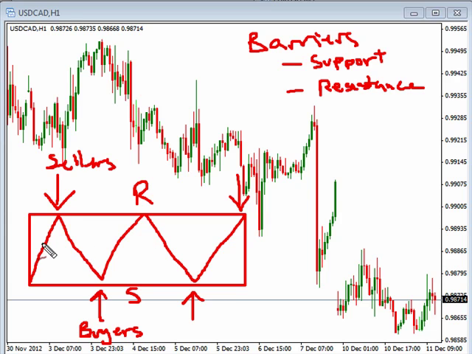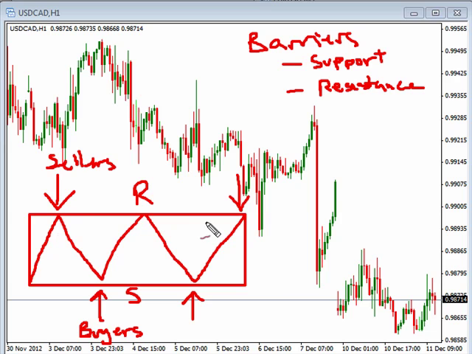Now, this is really kind of a struggle between sellers and buyers as the price moves within this range. Now, at some point, and these are some strategies that people trade, we get a break of that barrier, and then we have some freedom for it to run either up or to the downside.